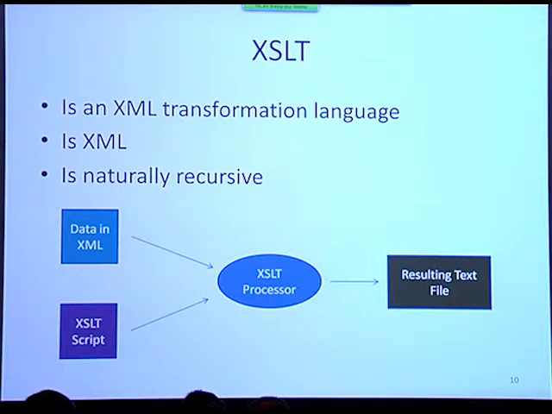And XSLT is the XML transformation language. And it's in XML to work on XML. But it's a language that takes data in XML and will transform it into some other text, either XML, HTML, just raw text like a PDF file, raw text.